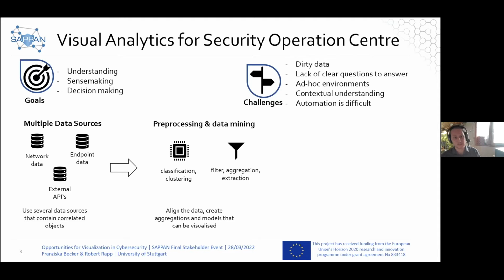That's why we also do our pre-processing and our data mining. We try to cluster information. We try to make some classification, filters, and aggregate information, so that we can align the data so that it works well for us to visualize it, and answer the question we're looking for.